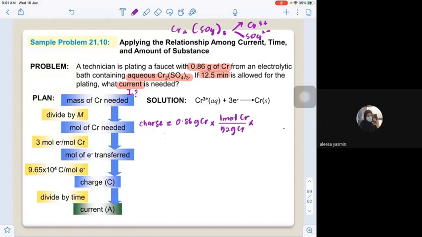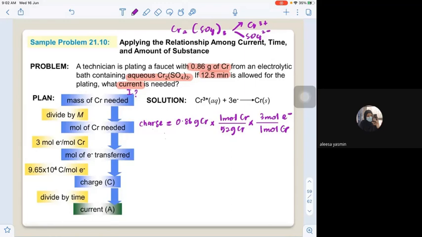Because we want to go to the mole of electron and then to the charge, to cut the mole of Cr, 1 mole of Cr solid that is produced means that 3 mole of the electron will be transferred.